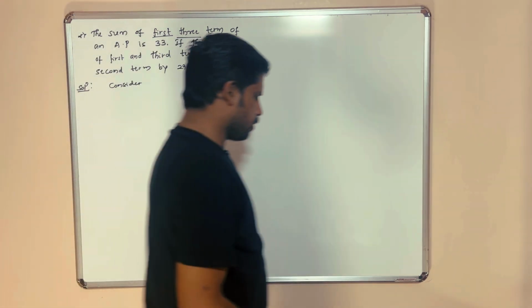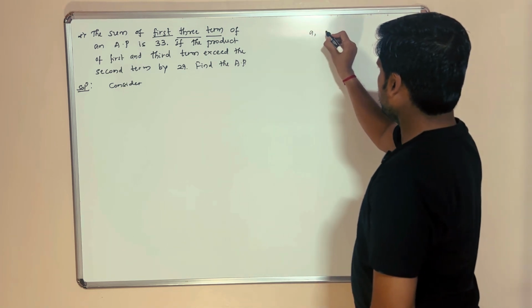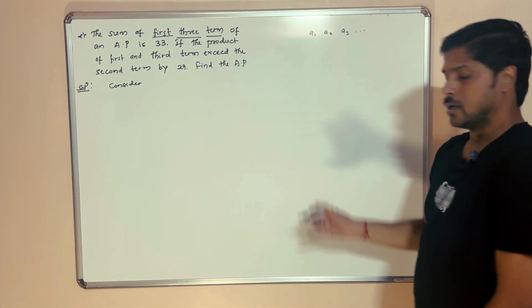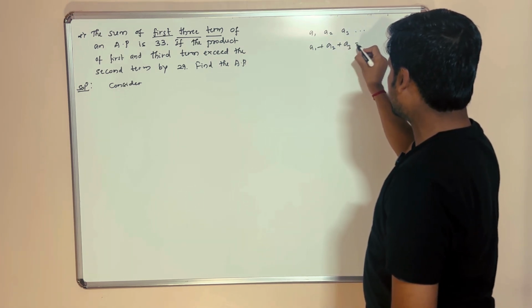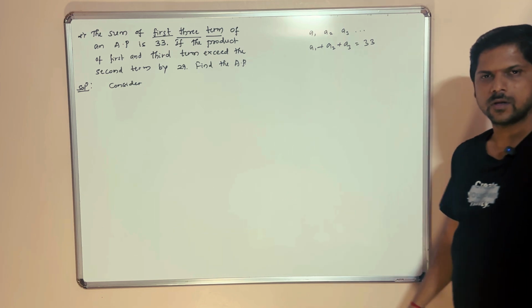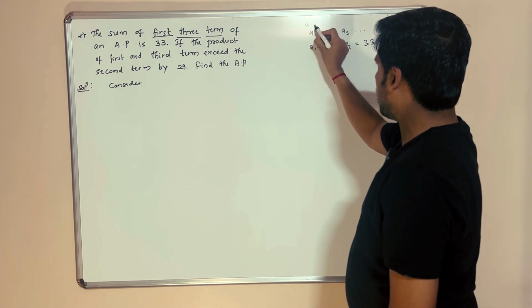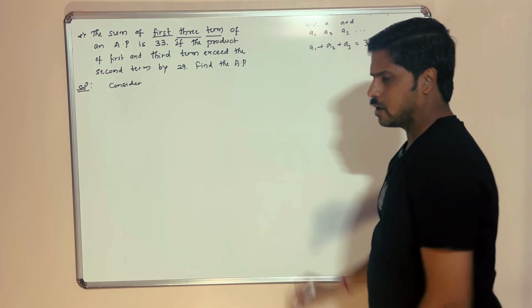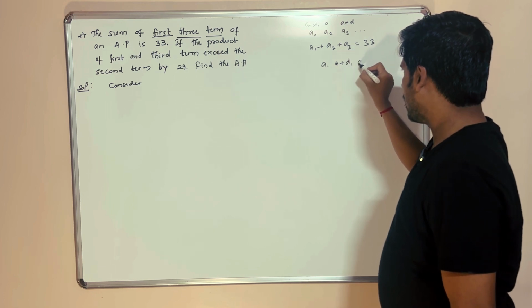what are our first terms of an AP. Generally A1, A2, A3 and so on. These are the terms, right? Here given is A1 plus A2 plus A3 is 33. Okay. Here the first term I will write as A minus D, second term is A, third is A plus D. You can also consider A plus D, A plus 2D.